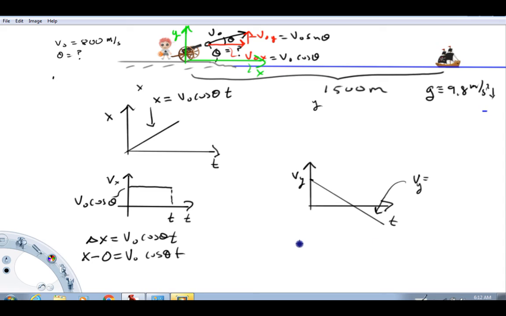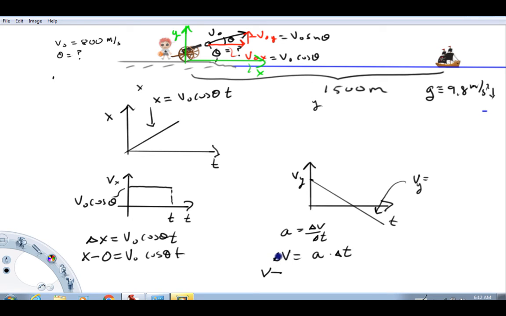Now, there's a couple ways to get that equation. I'm going to go ahead and do this. Acceleration is equal to change in velocity over change in time. So your change in velocity is equal to acceleration times your change in time. Your change in velocity is equal to v final minus v initial.